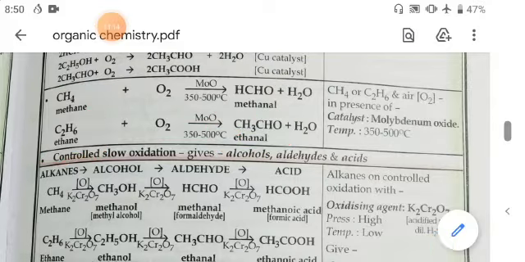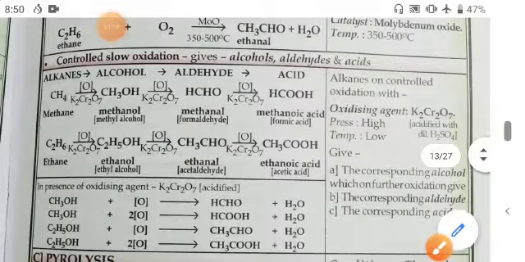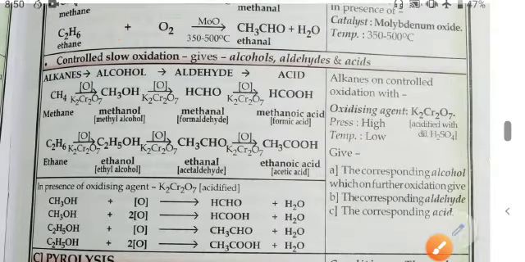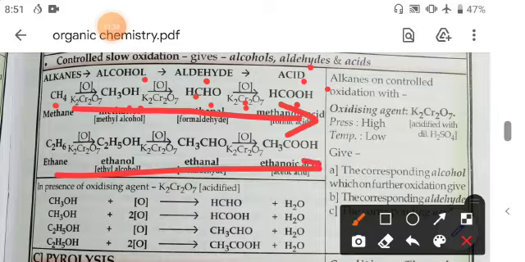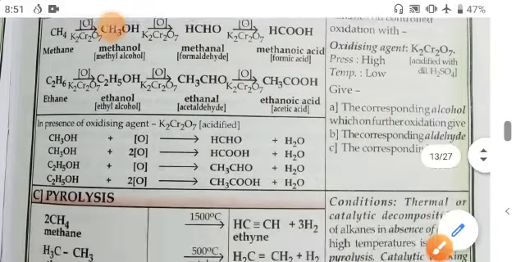Now controlled slow oxidation: alkanes are converted to alcohol, aldehyde and then acid. Methane is converted to alcohol, then aldehyde, then carboxylic acid, that means on oxidation oxygen is added. In ethane the very same process occurs.